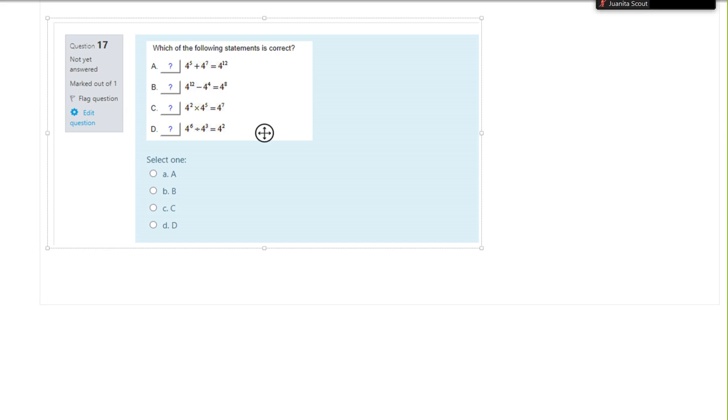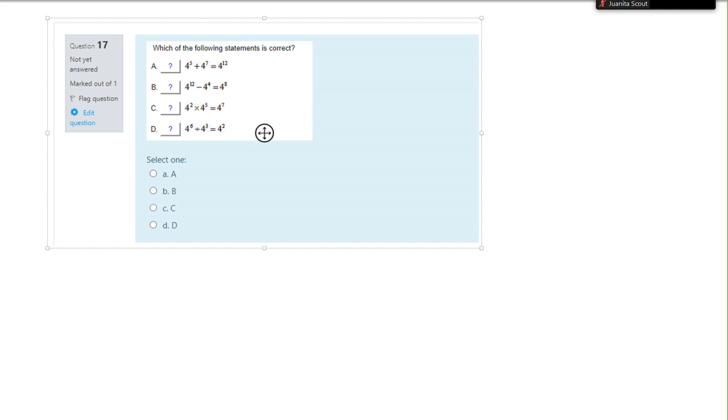If you remember back to Math 10C, we learned the exponent rules, and for how to combine exponents, we couldn't do it when there's addition or subtraction, right? It was only for multiplication and division and doing an exponent of an exponent.